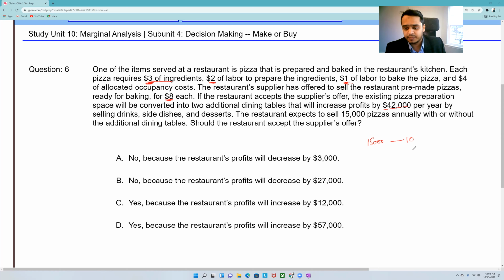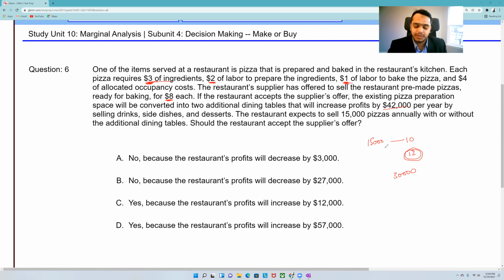Supposedly my sale price is 12. Let me just take my sale price as 12. My profit will be 15,000 into 2, which is 30,000. 30,000 will be my profit, if I'm assuming my sale price to be 12. This is what I'm doing just to solve this particular question.